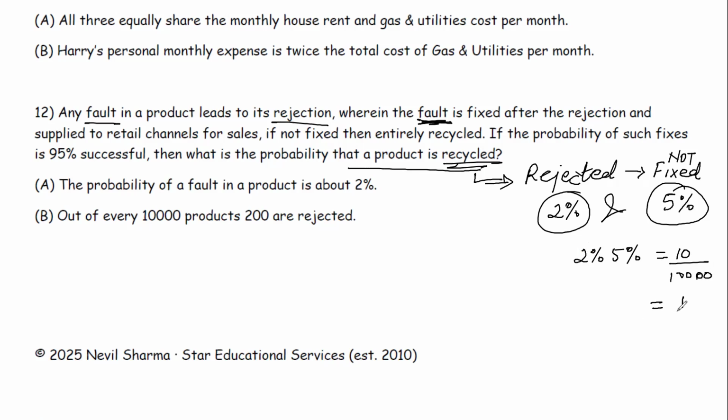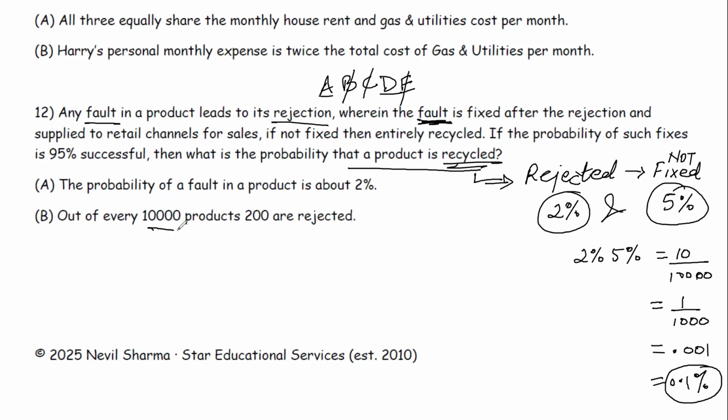So the probability is 0.001, or 1 out of 1,000. Or you could also say 0.1% is the probability in percentage form. So A answers. B, C, and E are out. So either D or A.